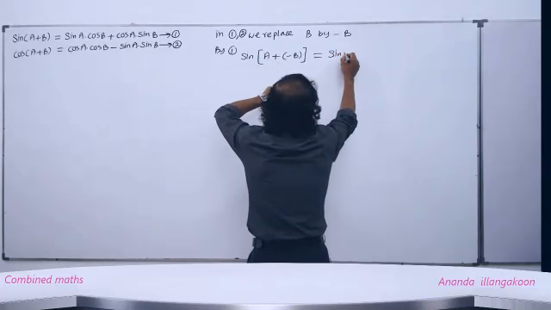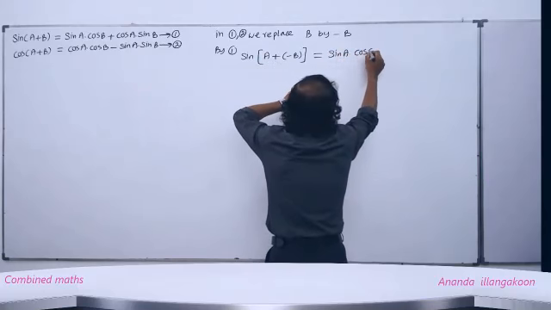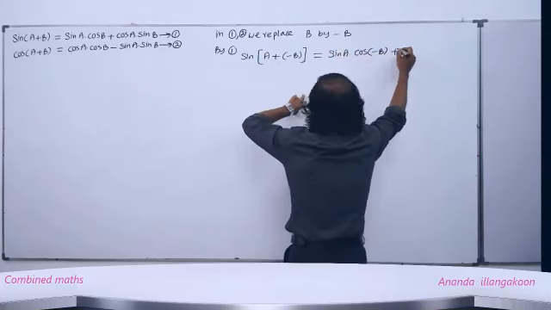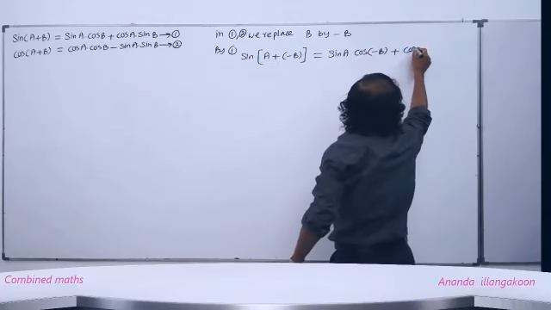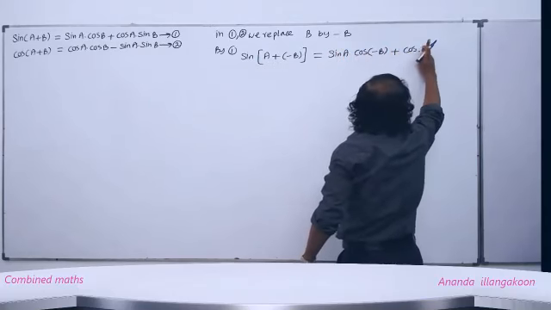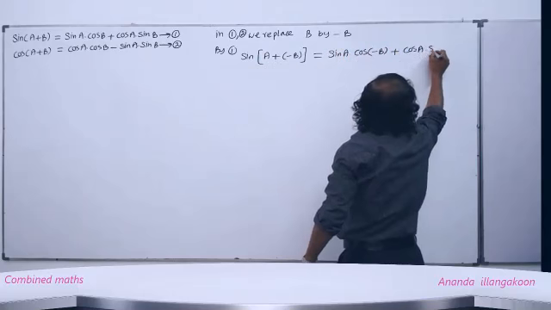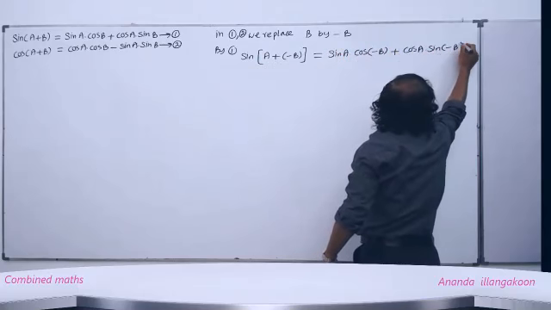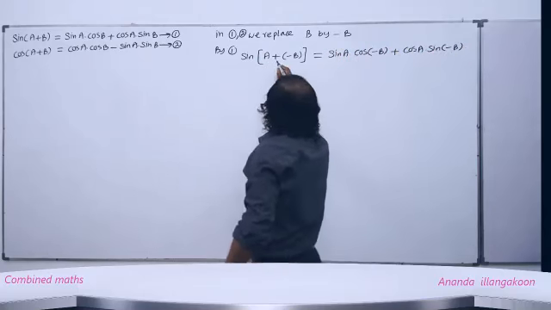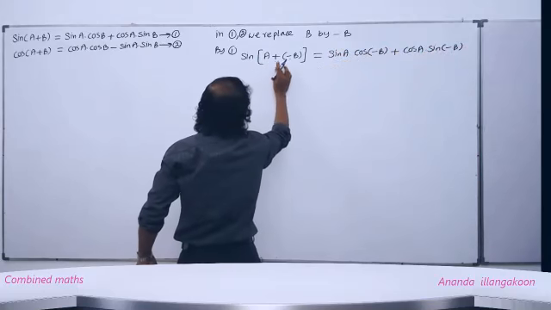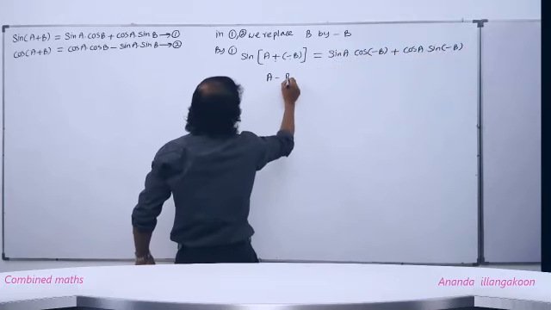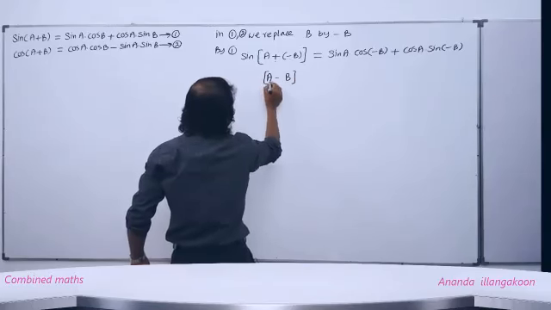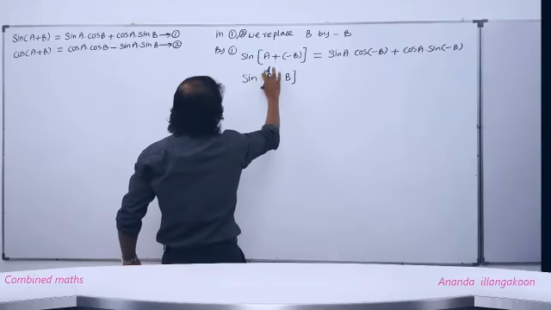Sin A cos minus B plus cos A sin minus B. Here you can simplify, people. Plus and minus make minus. Here we get sin A minus B.